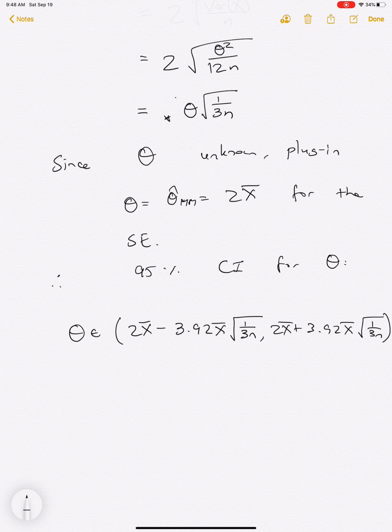Okay, and so this is the confidence interval that you end up with, and you get a 3.92 here because this is just 1.96 times 2.